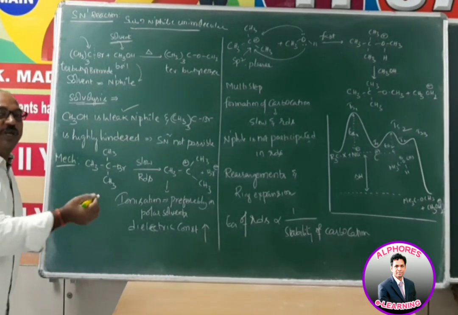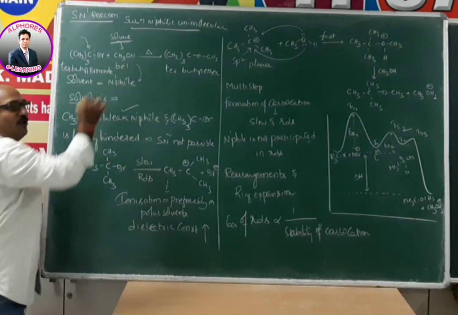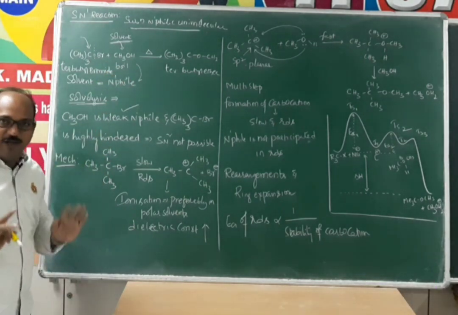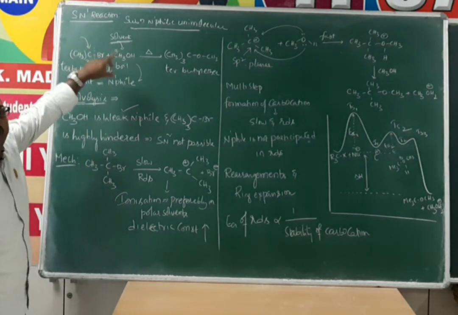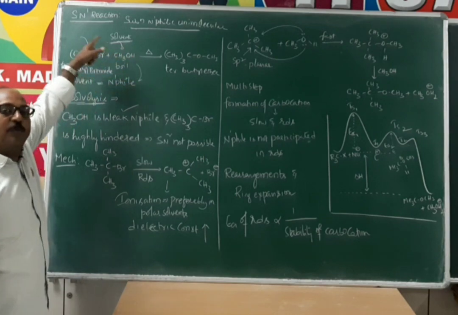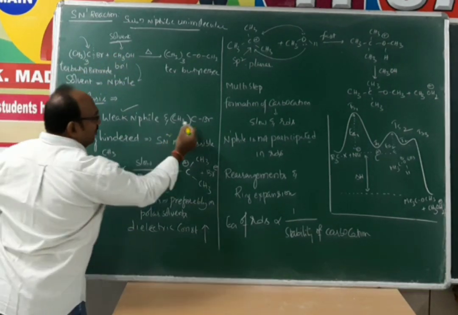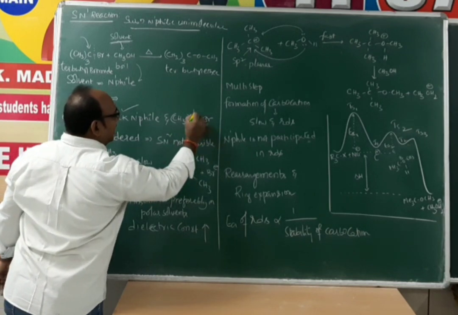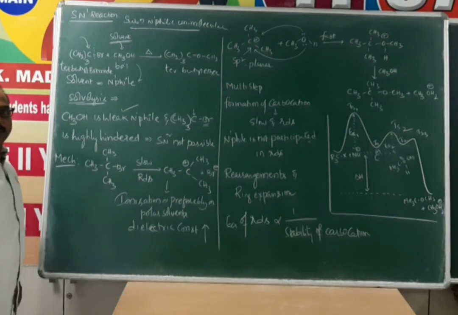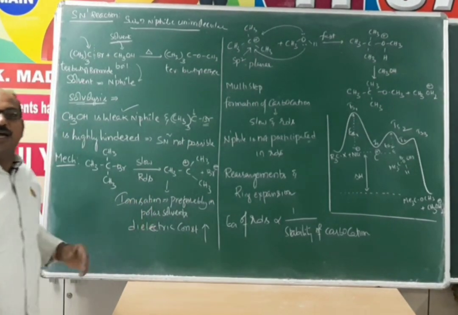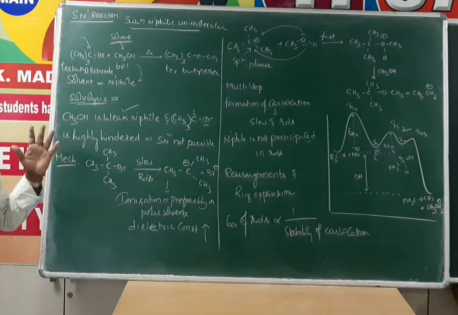Sir, is there any possibility for SN2 reaction? When you mention that methyl alcohol is the nucleophile, and the substrate is an alkyl halide, can't we say methyl alcohol approaches from the rear side? No, not possible, because in the case of tertiary butyl bromide, the leaving group containing carbon is attached to 3 alkyl groups, which causes more hindrance.